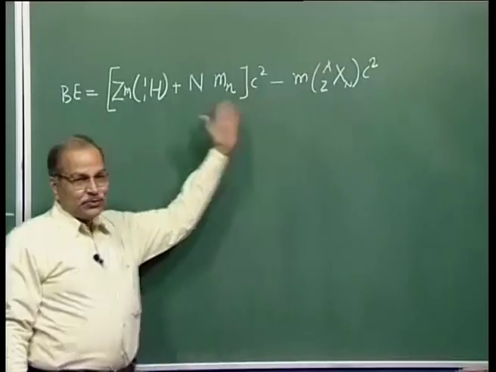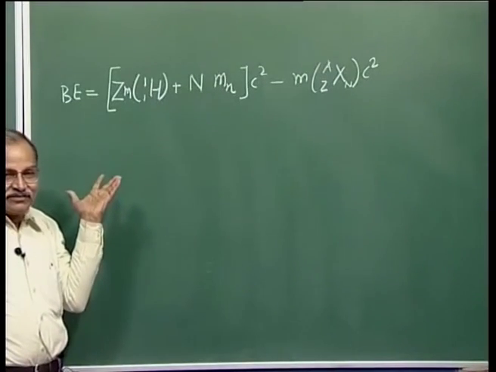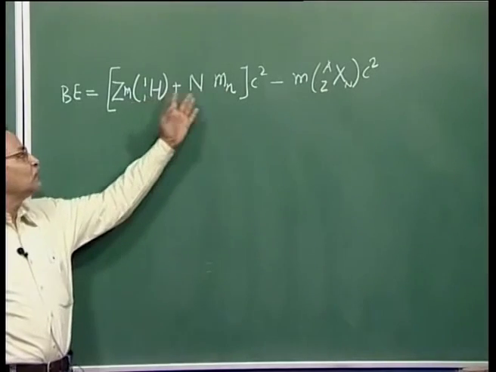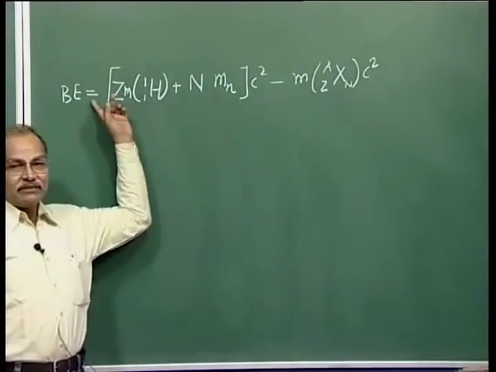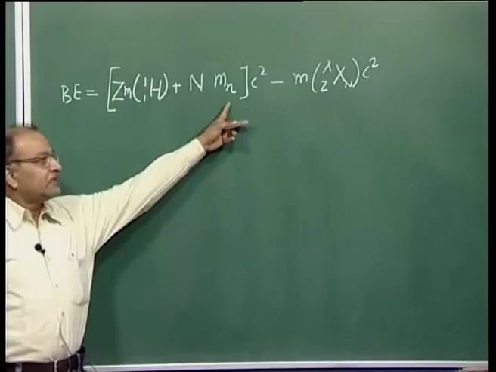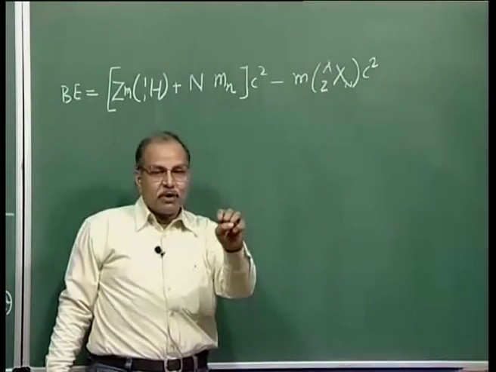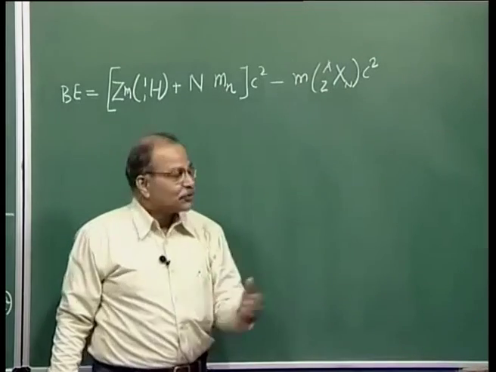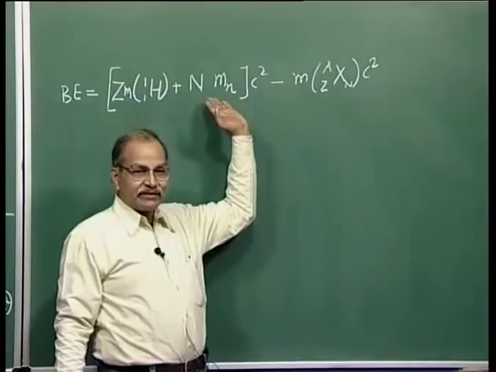So this is by definition. If all the protons and neutrons were separate, this would have been the mass energy. But when the nucleus is bound, the energy is smaller, and the difference is the binding energy. So we are subtracting; this is the binding energy.